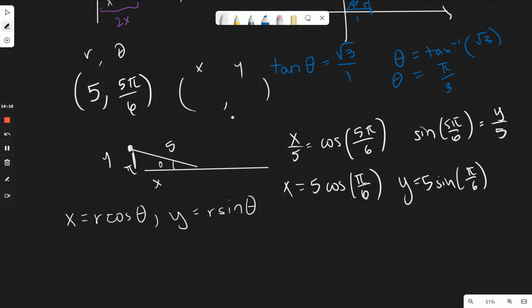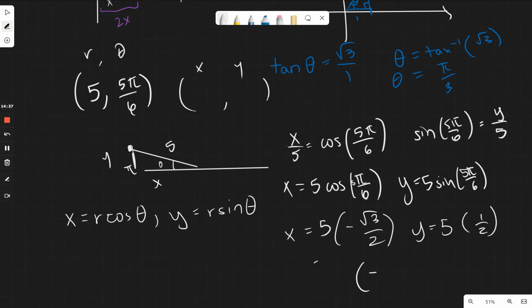And now we have that x, in this case, is equal to 5 times the cosine of 5 pi over 6, which is negative square root 3 over 2. And then y is equal to 5 times 1/2. And so our coordinate becomes negative 5 square root 3 over 2, comma, 5 halves.